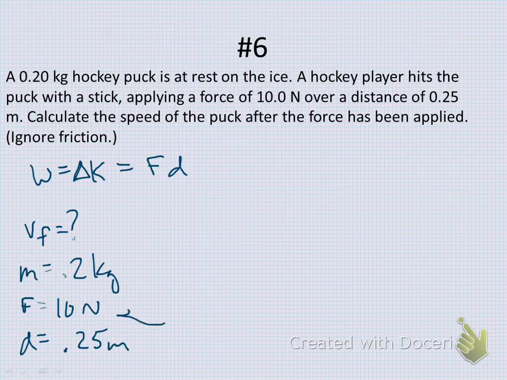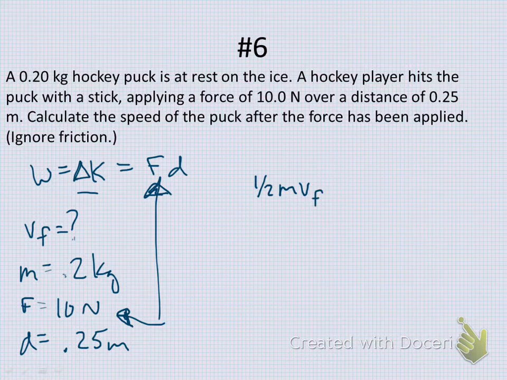So this right here is what gave me the indication that we were going to need to use this in conjunction with our change in kinetic energy. So in order to find speed, because kinetic energy is the formula that has velocity in it, what we're going to do is set up our expanded version of change in kinetic energy.